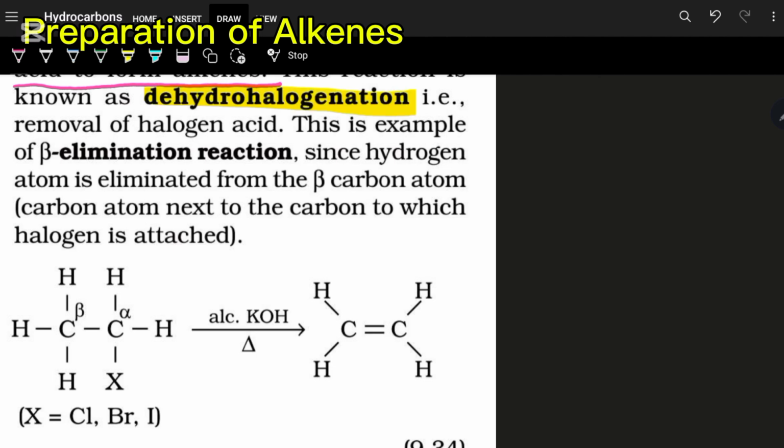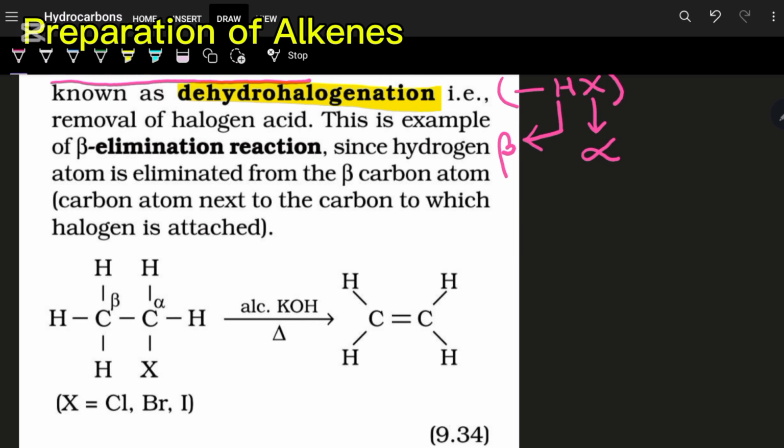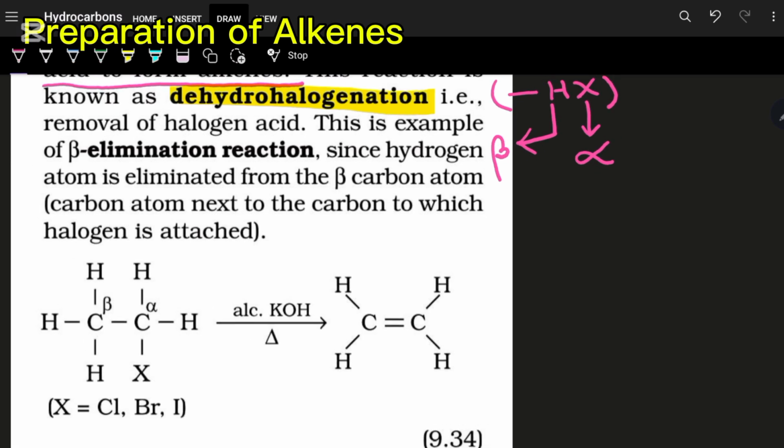So keep in mind that dehydrohalogenation means minus HX. Hydrogen and halogen are getting removed. Now the halogen is present on the alpha carbon and this hydrogen is the beta hydrogen. So this is known as alpha-beta elimination, or simply beta elimination reaction.